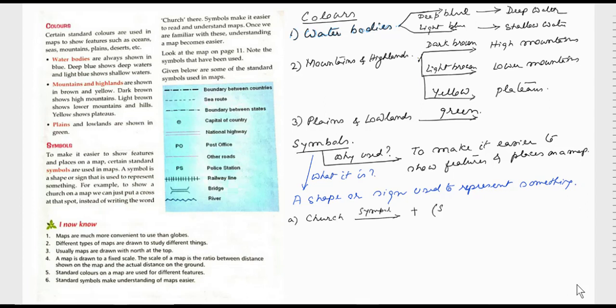So you must read and study these symbols. You must learn them by heart. You must practice them.